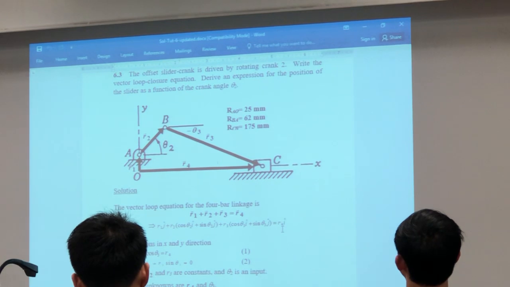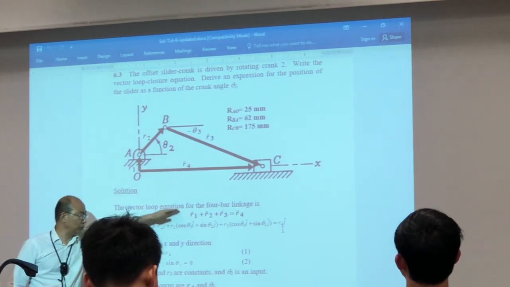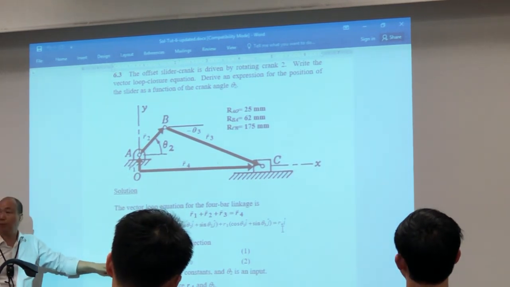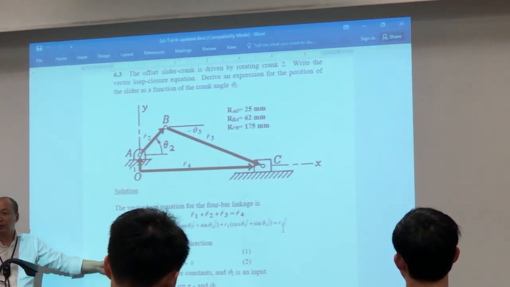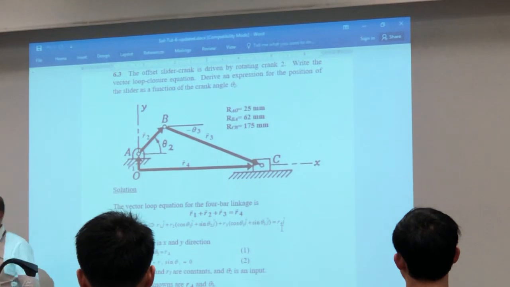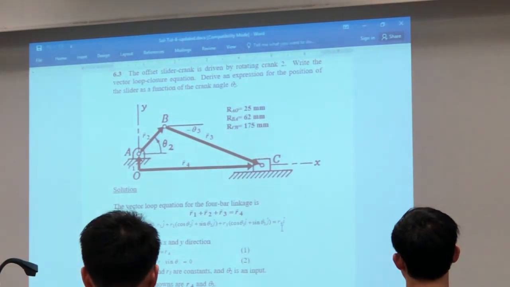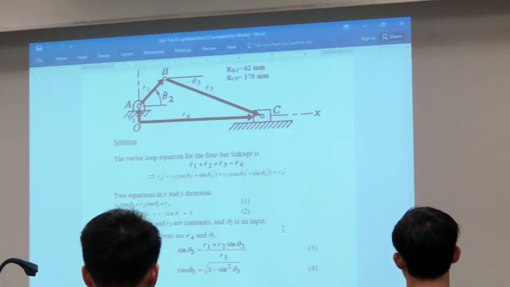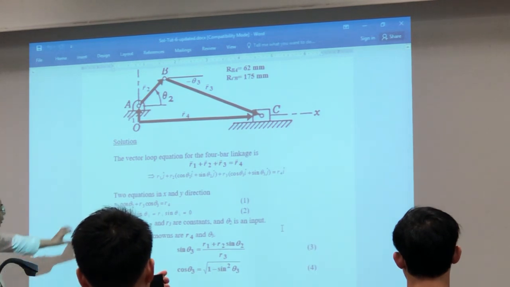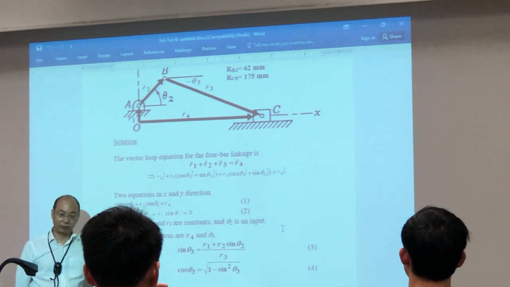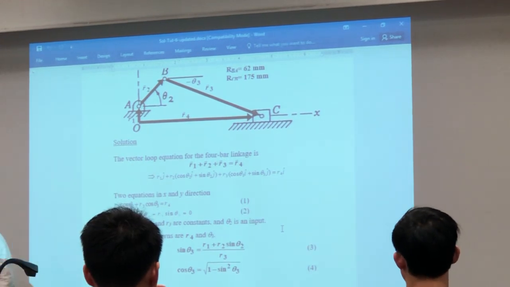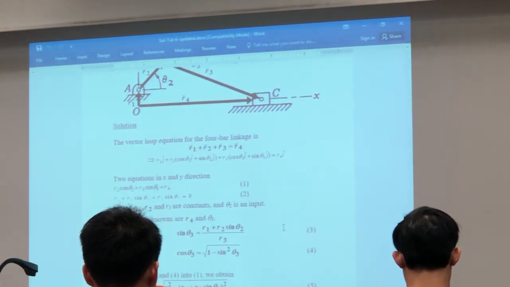Again, this vector equation you resolve into x components and y components. Two scalar equations, then you can solve for two unknowns, theta 3 and R4. If you really want to solve these two equations mathematically, you find sine theta 3, then you can find cosine theta 3, and after that you can solve for R4.